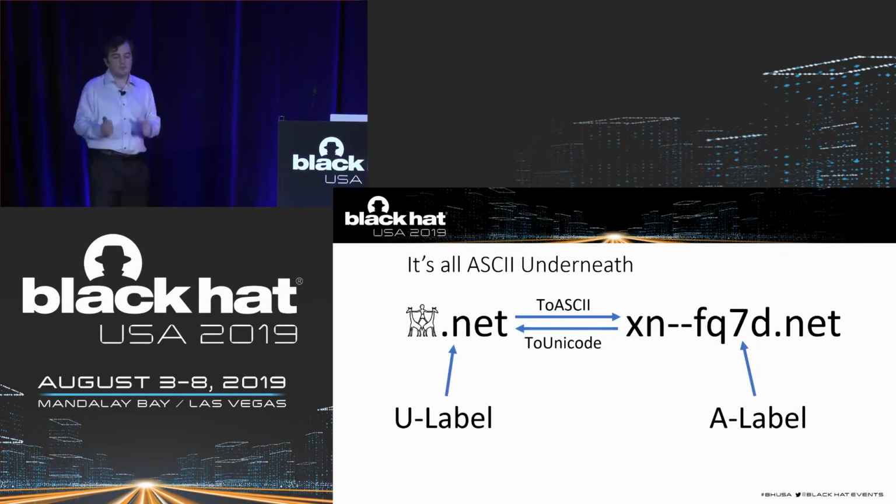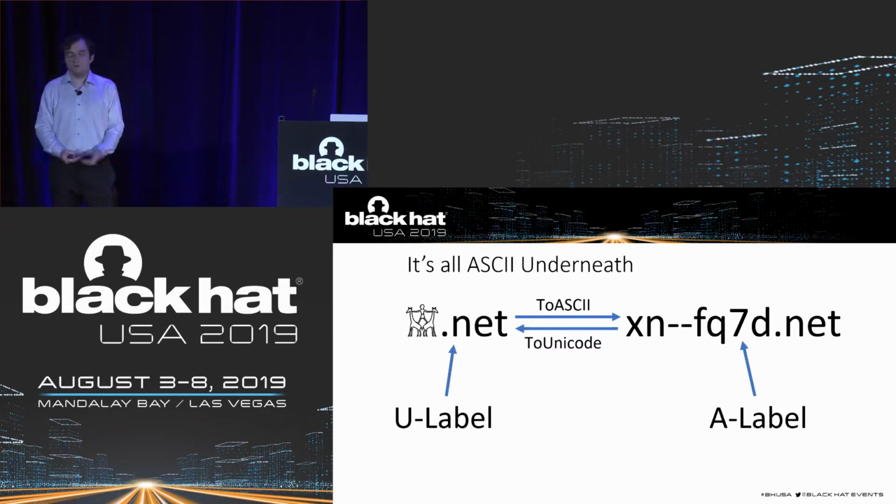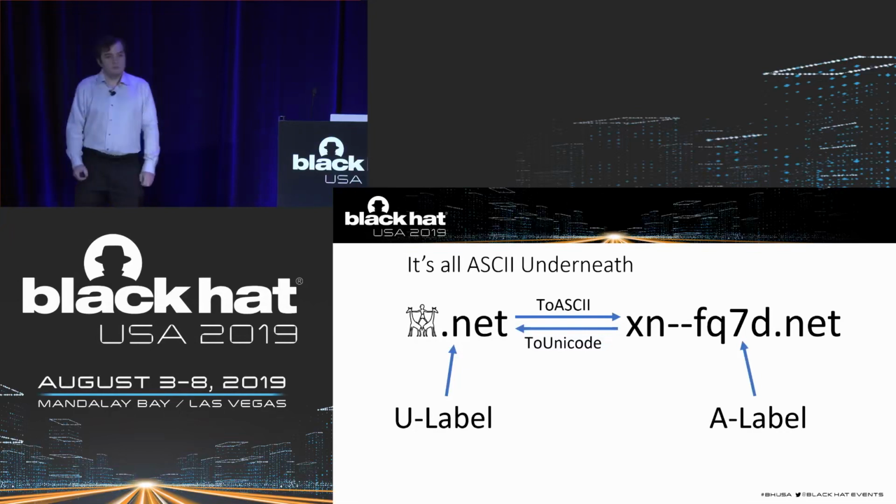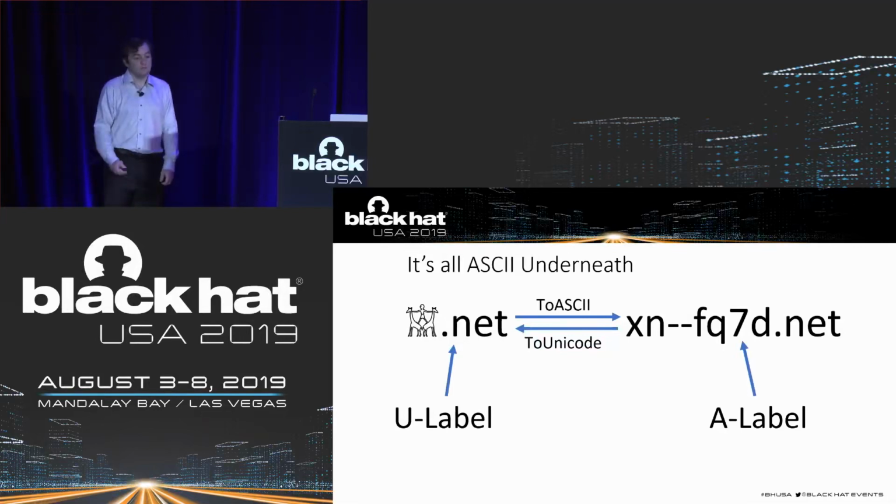But there's a corresponding A label that's an ASCII string. And these have a direct one-to-one relationship with each other, and there are RFC-defined algorithms for converting between them. So there's ToASCII to go from the Unicode to the ASCII, and there's ToUnicode to go from the ASCII to the Unicode. How those algorithms work is the crux of the vulnerabilities I'll be talking about today, so I'm going to give some details on those.